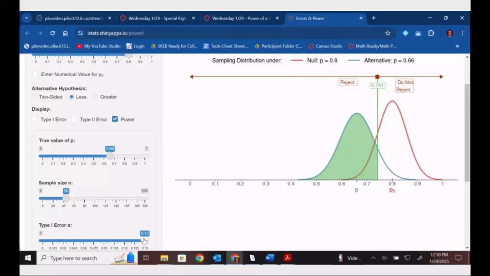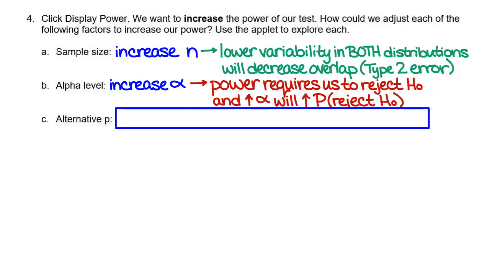That's the cutoff for reject or fail to reject. So increasing the alpha level, power requires us to reject the null. Increasing the alpha level increases the probability that we reject the null. If we increase the alpha level, we increase the probability of rejecting the null.